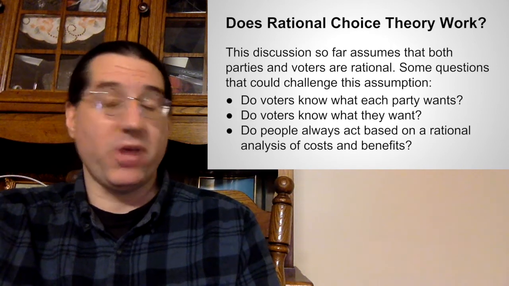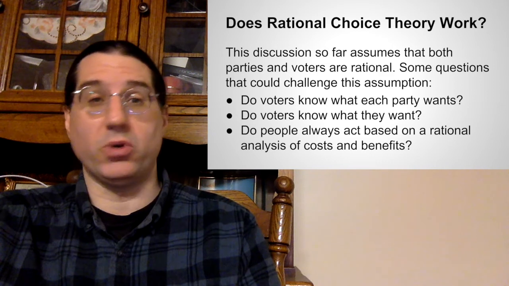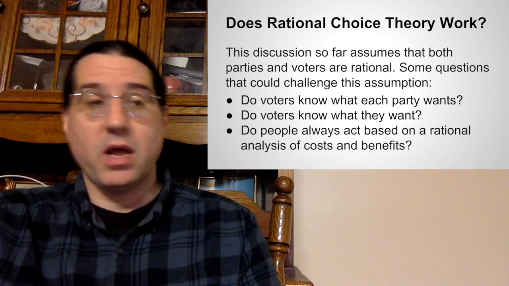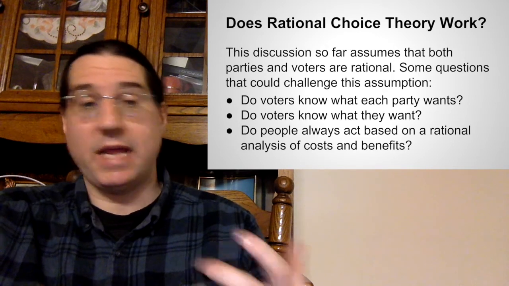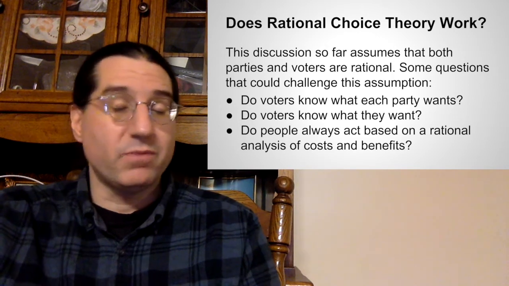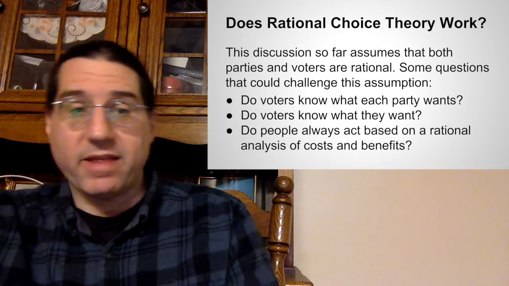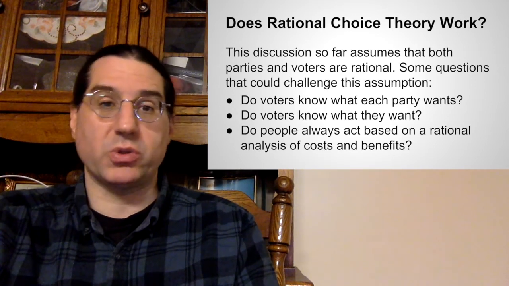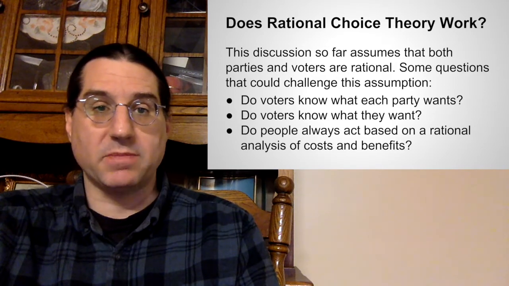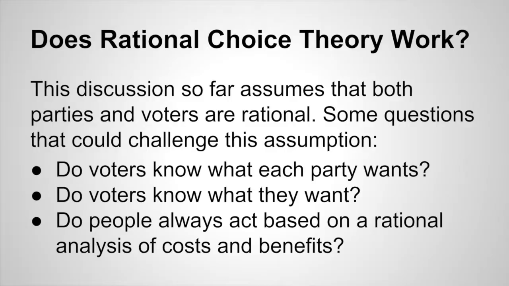Or do we go with hunches? Do we go with emotion? Do we go with someone that we maybe have a gut instinct that we like better, even if we don't agree with them? I think that you could make a case for that. And if that's true, then maybe rational choice theory doesn't explain as much as it sets out to.